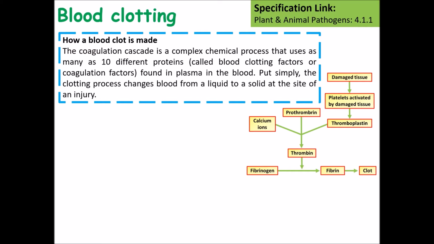The coagulation cascade is a complex chemical process that uses as many as 10 different proteins, called blood clotting factors or coagulation factors, found in the plasma in the blood. Put simply, the clotting process changes the blood from being a liquid to a solid at the site of injury.